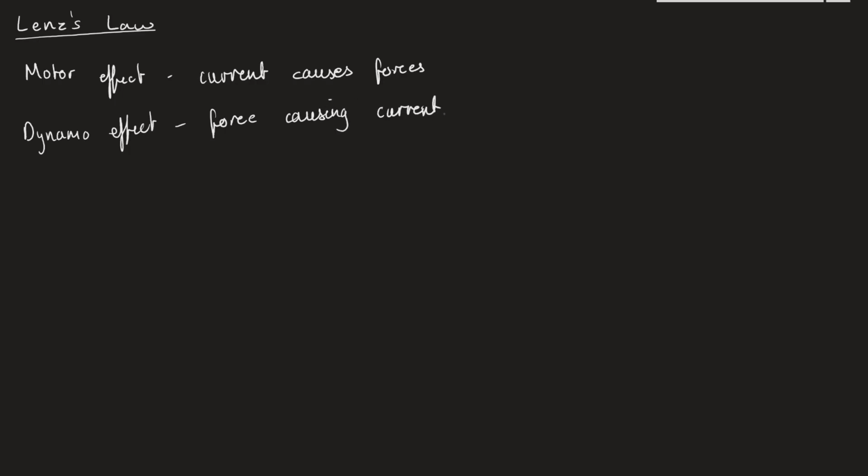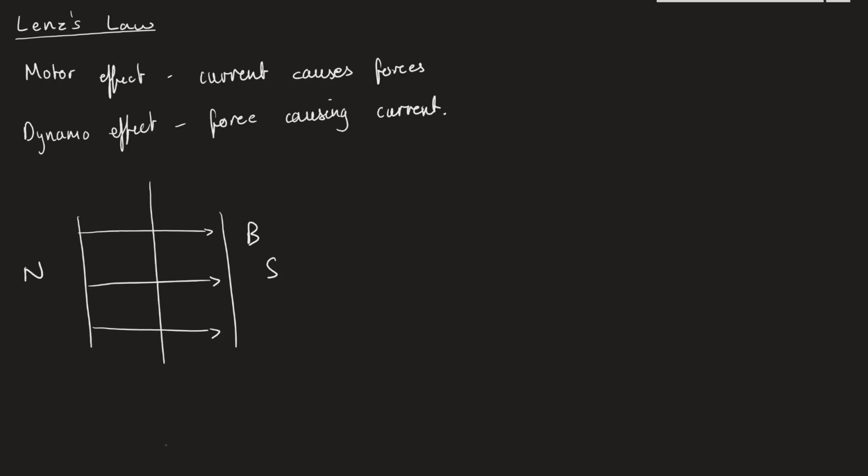Now there's a slight issue with this. If we have a situation, right, let's go back to the beginning and say that we have these uniform field lines. So this is my magnetic field, and this is my north and this is my south magnet, and then I have some wire, and we said that it has some amount of current.